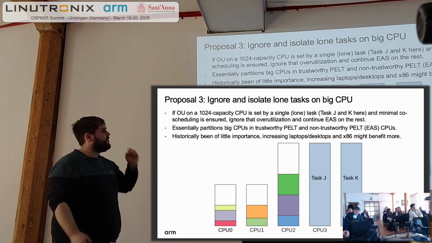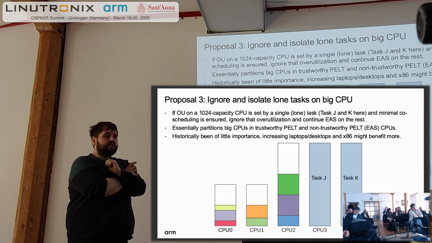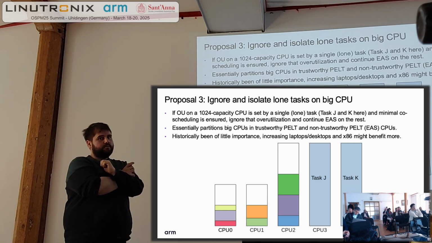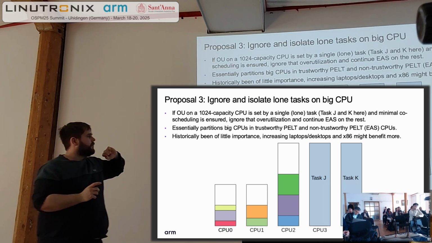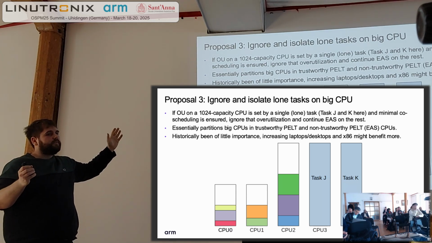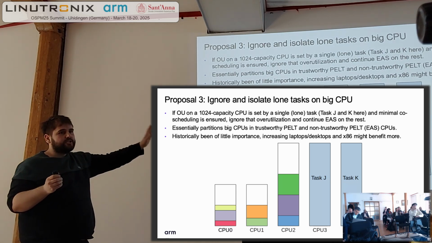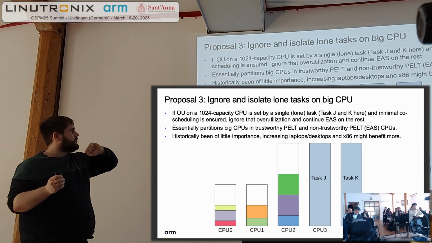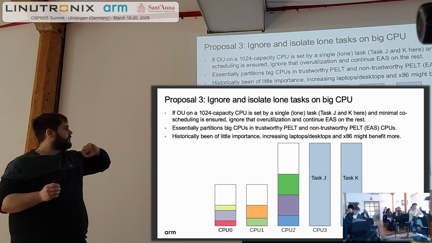So if we ensure minimal co-scheduling on those two CPUs, we could just not care and let them run and do EAS on the rest. Because the utilization signals are never going to be accurate on this system. Essentially, we partition the CPUs into trustworthy PELT and non-trustworthy PELT. That's what the overutilized would do then.